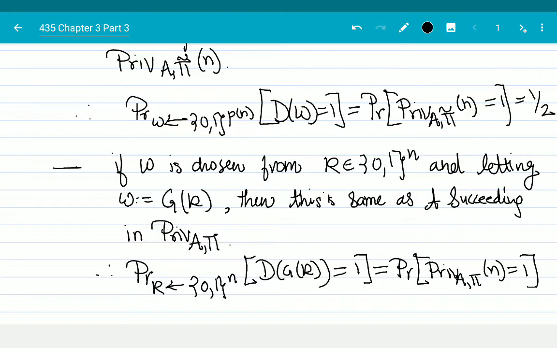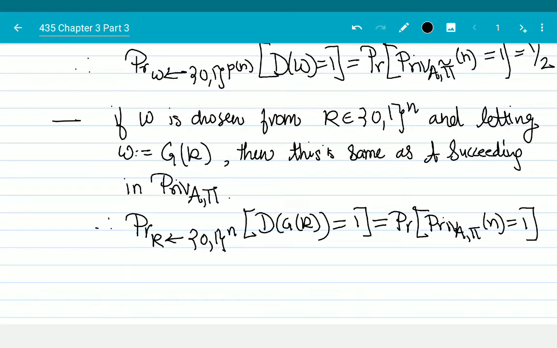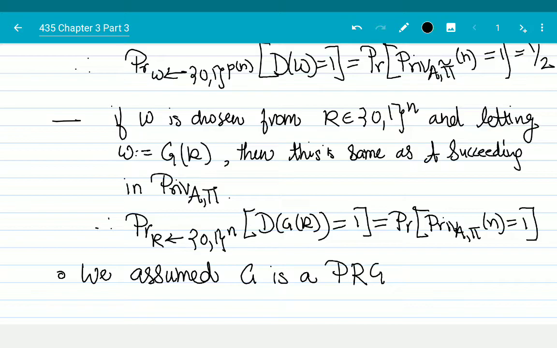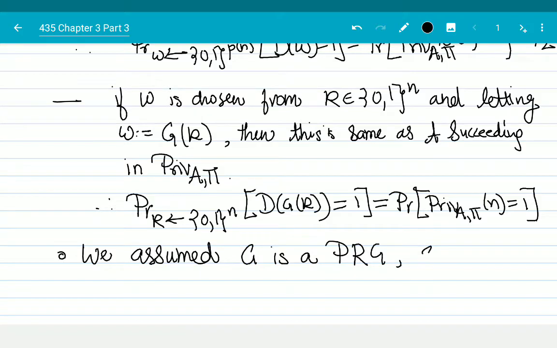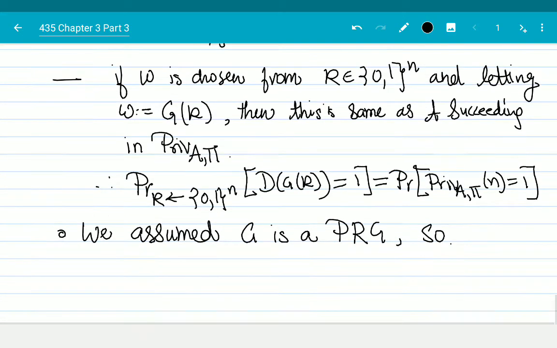Right? However, we have assumed that G is a pseudo-random generator, and that D runs in polynomial time. So the probability of the success between these two is going to be negligible.